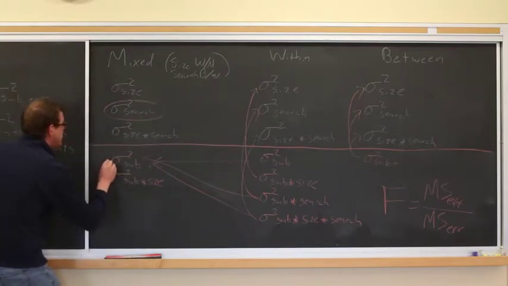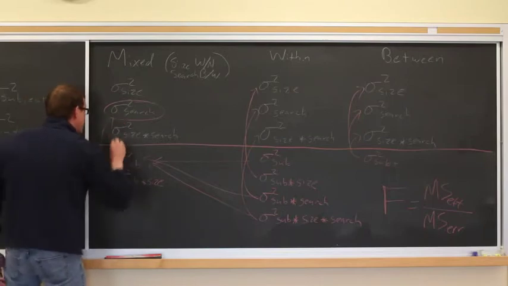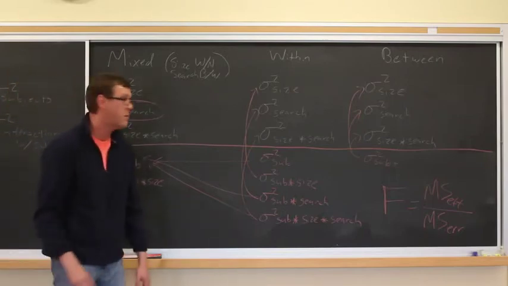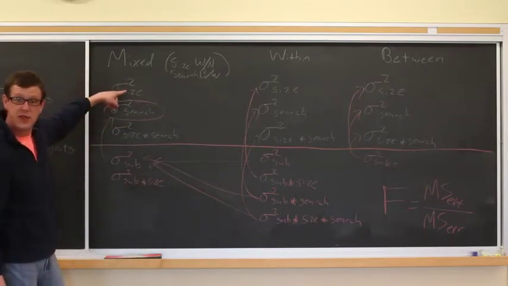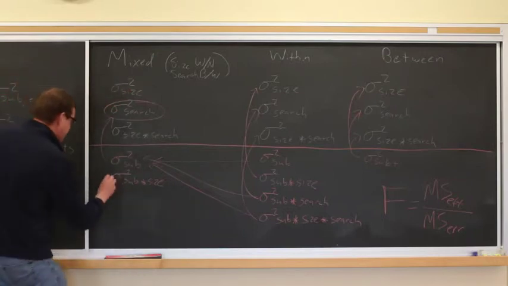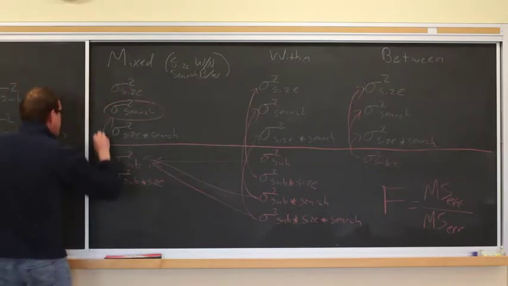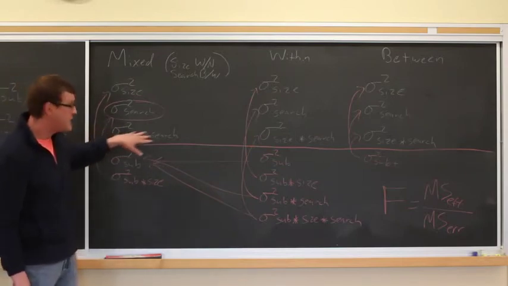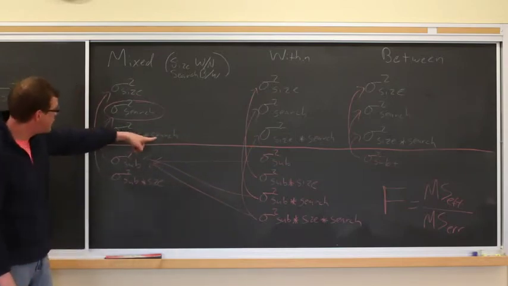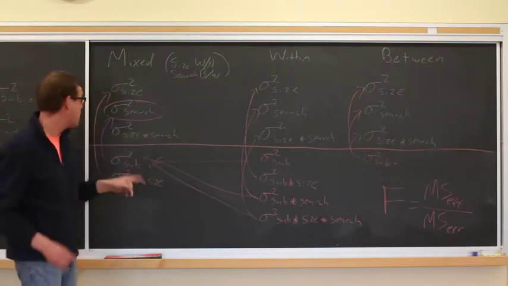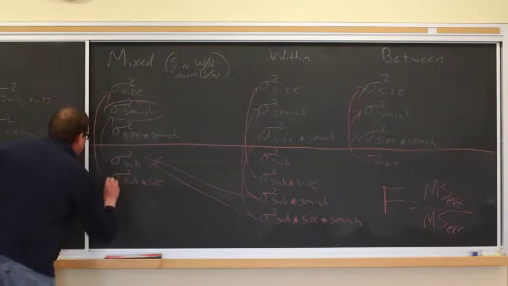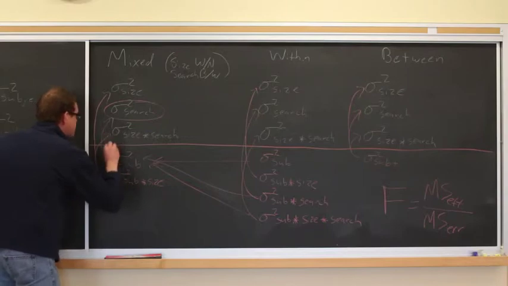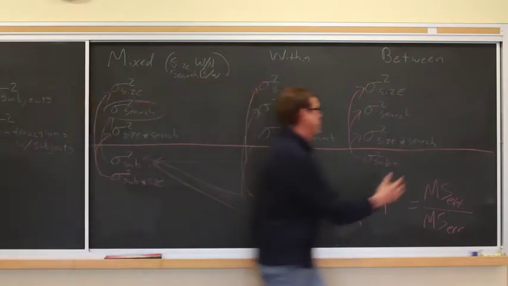That varies between subjects, so we're going to use that as our error term. However, size varies within subjects, so we have this interaction that we can look at to use as the error term for that. For our size by search interaction, even though search isn't varying within subjects, size is. So we can use this piece also as the denominator for that.